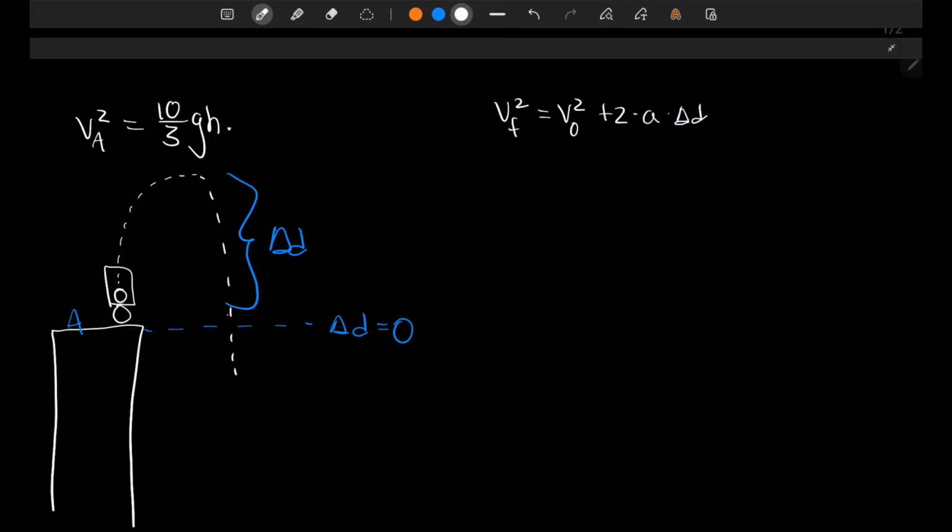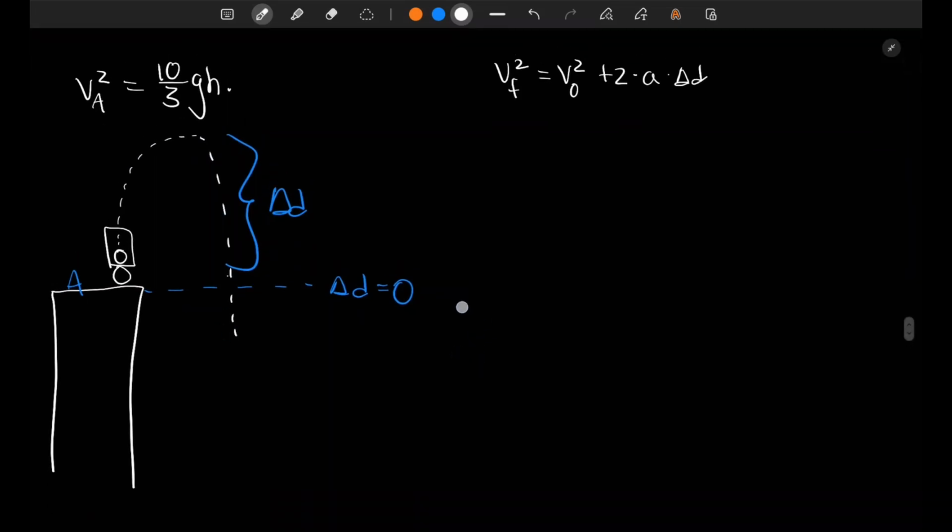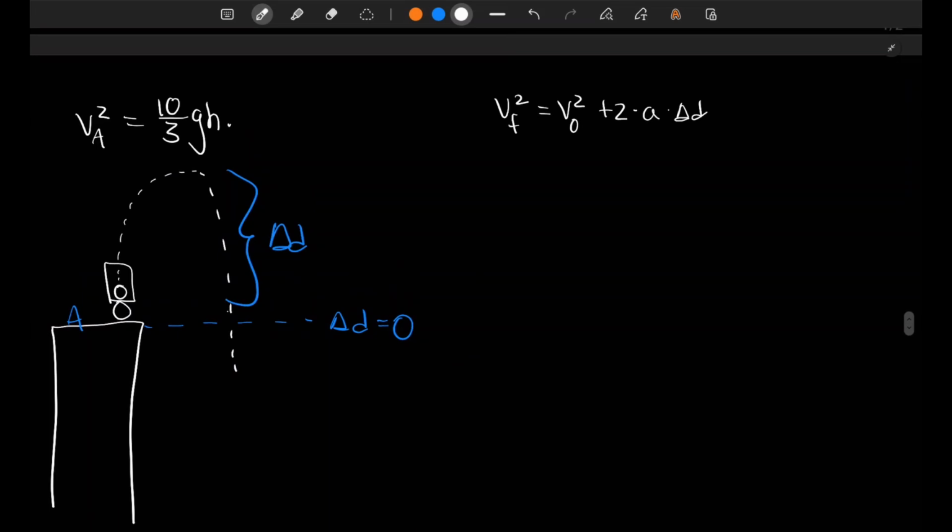Okay. Now, what happens when we're at this top peak here? The velocity goes to 0 for a brief moment. The y velocity briefly becomes 0. So here, the final velocity is actually 0 squared. But the final velocity is 0, so the left-hand side is going to be 0 squared, which is still 0.